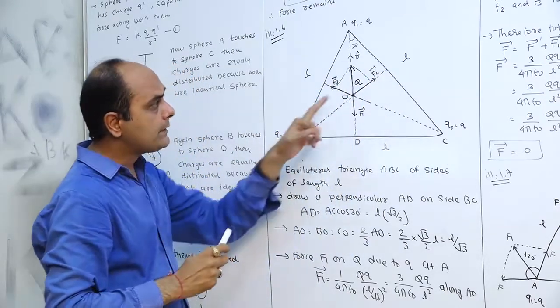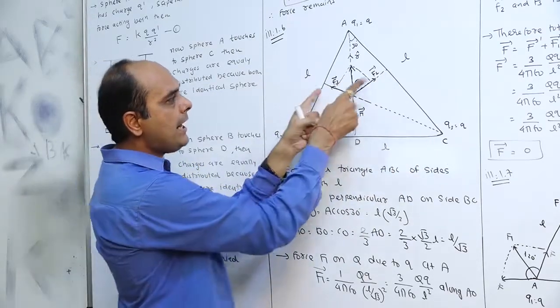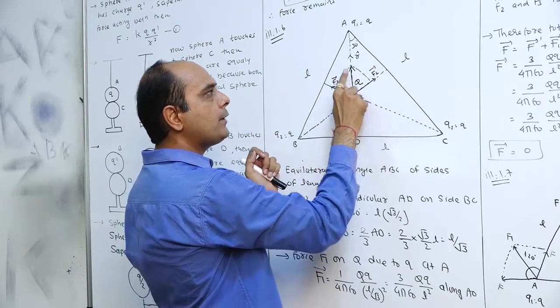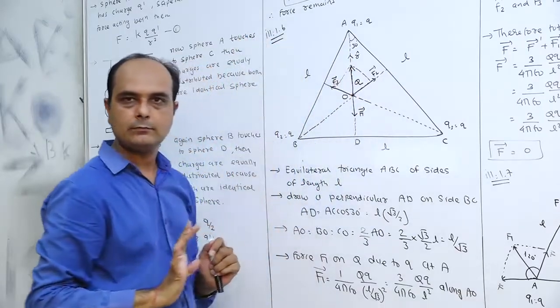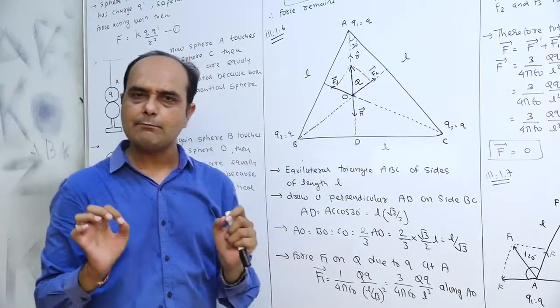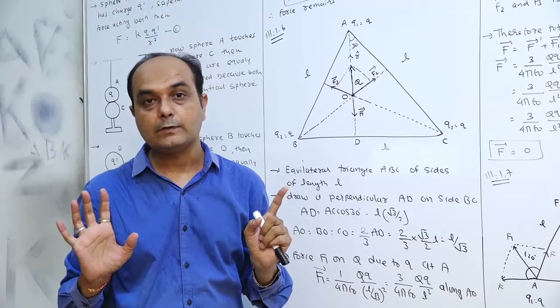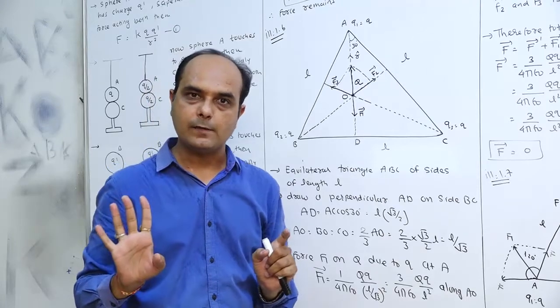The force due to C is repulsive in this direction, F3. F2 and F3 form a parallelogram, and the resultant will act in the upper direction. This is the positive direction, this is the negative direction. This example can be solved using the superposition principle, because with more than 2 charges we always use the superposition principle.